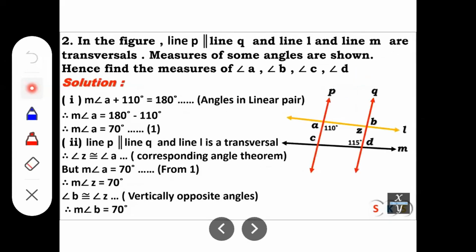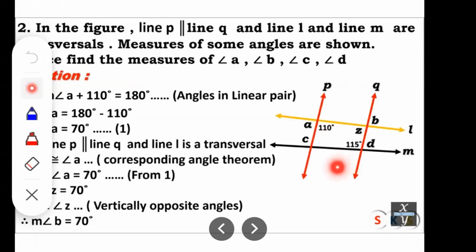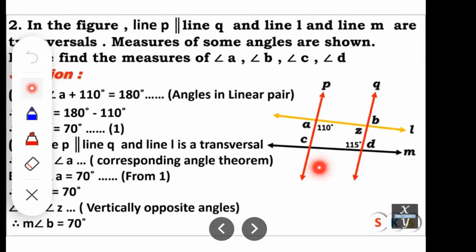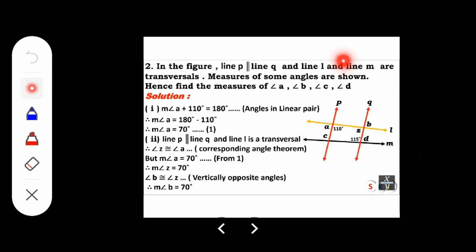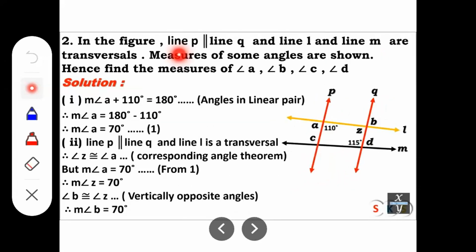Let's see the second example of this practice set. Here also the properties you have used are the same. Now what is given in the diagram? See here, line P is parallel to line Q. Those two lines are parallel, and line L and line M are transversals.